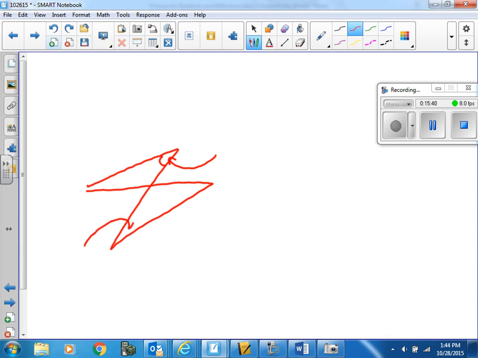Even though it does not say those lines are parallel, that's a problem I should have fixed. I should have said those lines are parallel, but those angles are actually alternate interior. If you consider this line going through, you have this line, this angle, and this angle. Actually alternate interior, so we know something about those two angles.